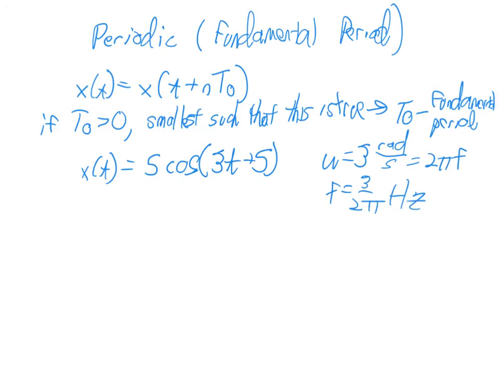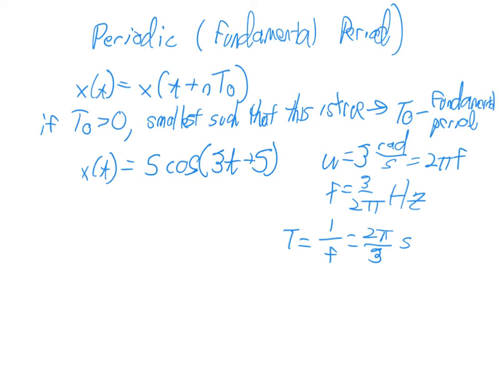Okay, so then associated with that, we would have a period, which we call capital T, and reciprocal hertz, so we have seconds. So we have 2 pi over 3, so that's a little over 2.